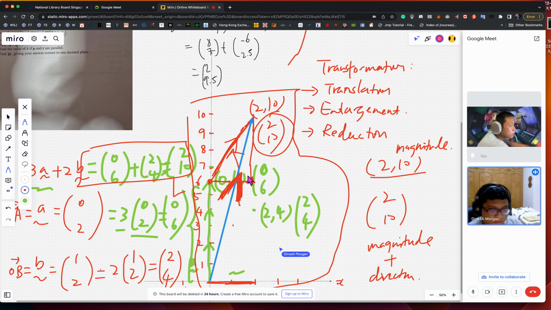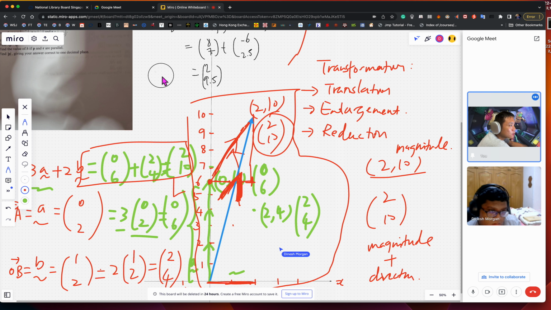Yeah, but I'm talking about the way we write the column vector. The column vector itself does not show the direction.